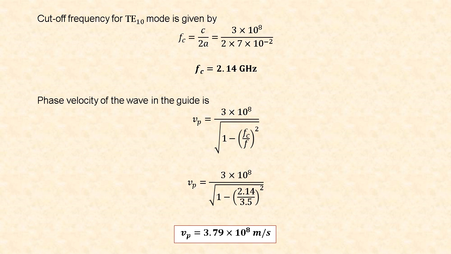Substituting, we have Vp equal to 3.79 into 10 to the power 8 meter per second. Hence the phase velocity of the wave in the guide is 3.79 into 10 to the power 8 meter per second. That is, option A is correct.